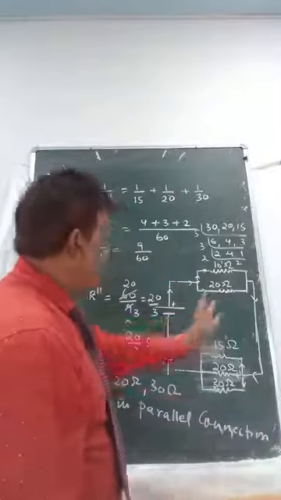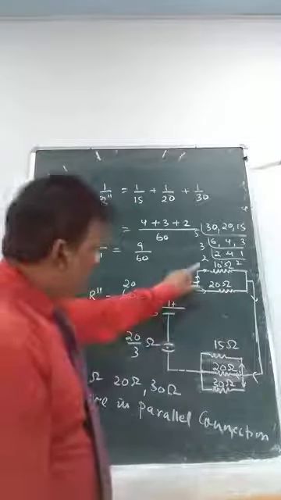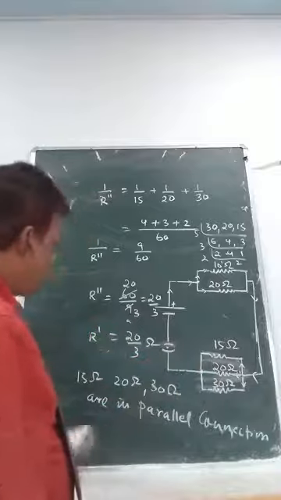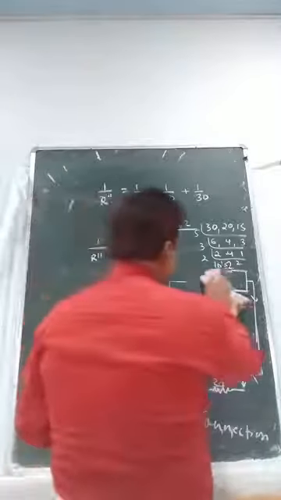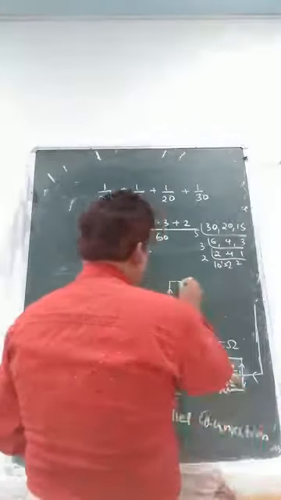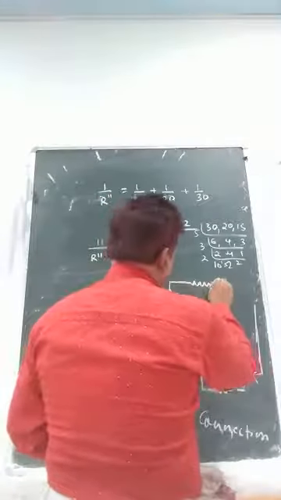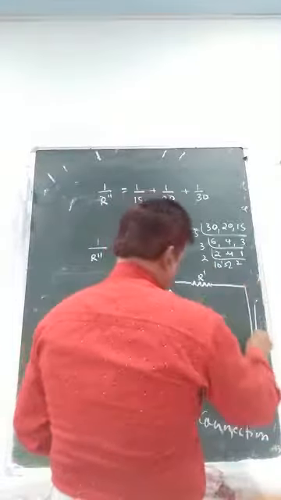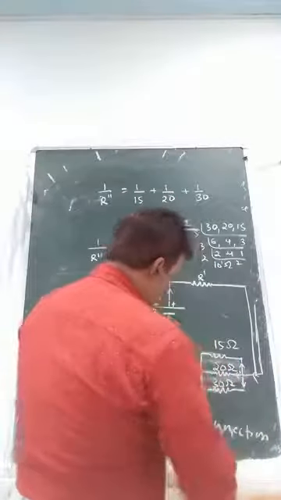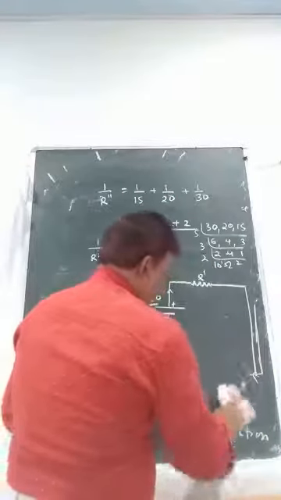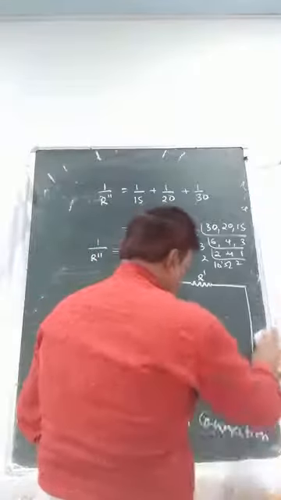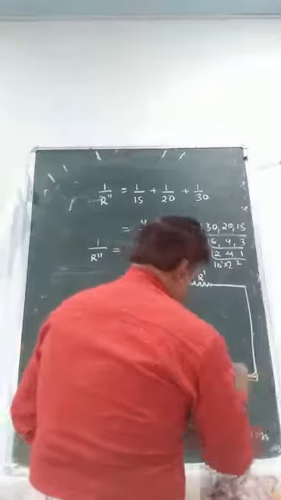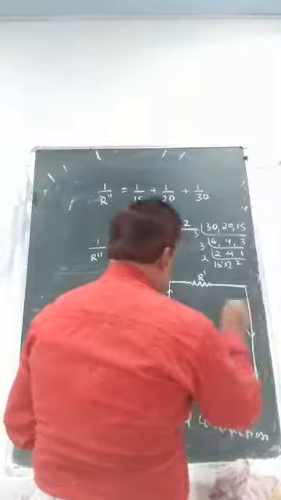So what is the new diagram now? These three combined into one, so you will get a new figure. This combined one will be like this. This is your R dash. These three combine, which means the current is coming here.